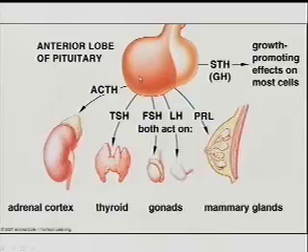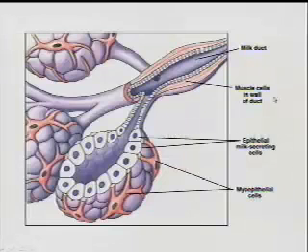The prolactin by lactotropes and targeting the glandular tissue, and we'll look at some details here in a moment. Somatotropic hormone, or growth hormone from the somatotropes. You got it touching the posterior pituitary, but we know it's coming from the anterior pituitary as labeled. And the growth promoting effects on most cells, and as well there's an effect on liver cells to secrete a third type of a hormone, and we'll discuss that in a bit of detail.